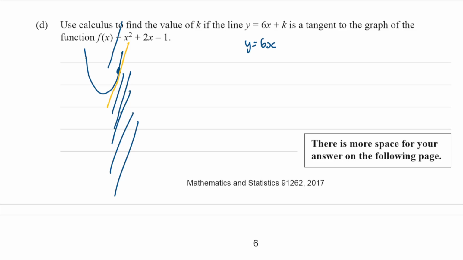However, we're trying to find the y-intercept, the constant to add at the end, to make it just touch our function. Because if it is doing that, and it has the same gradient as our function, it is a tangent. So that's where we are heading.